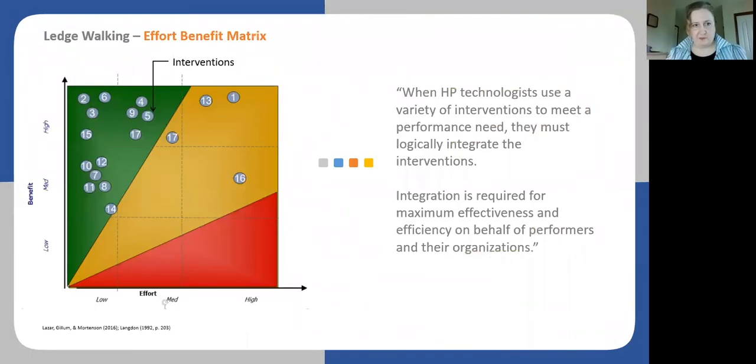Okay, so that was the benefit matrix, and I would probably stop here for a bit of check with the ones that are online about their thoughts. Did you have initiatives that were complex, and do you think this would be a helpful approach to sort through many interventions that you would have?